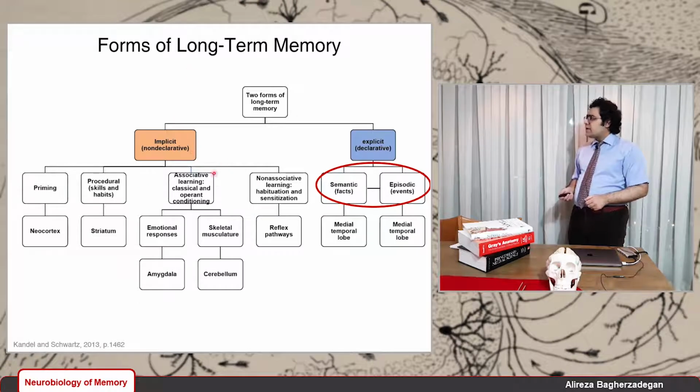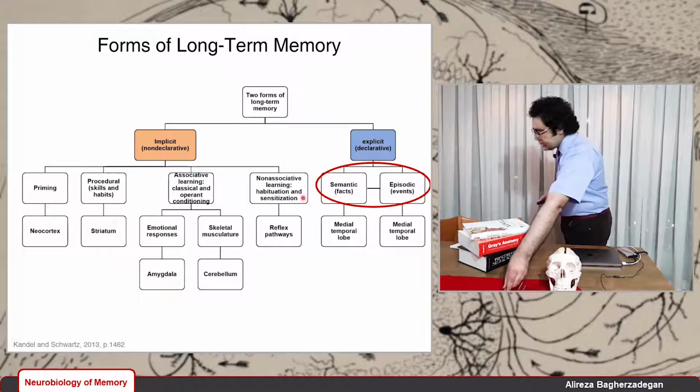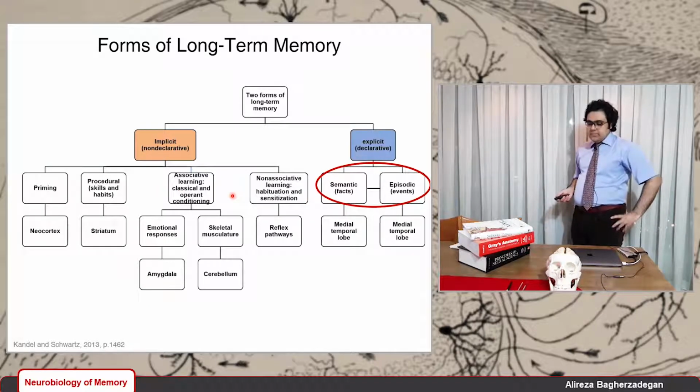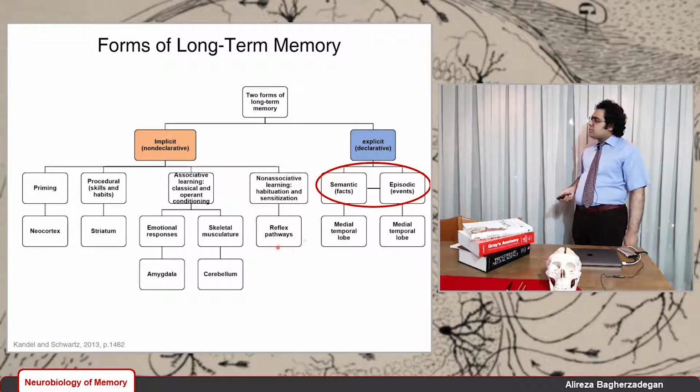Okay, so we had this chart in previous lectures, in the very first introduction lecture, in the first section on implicit memory lectures. And here we have it again. These are subtypes and different types of long-term memory. I already talked about the implicit or non-declarative memory.